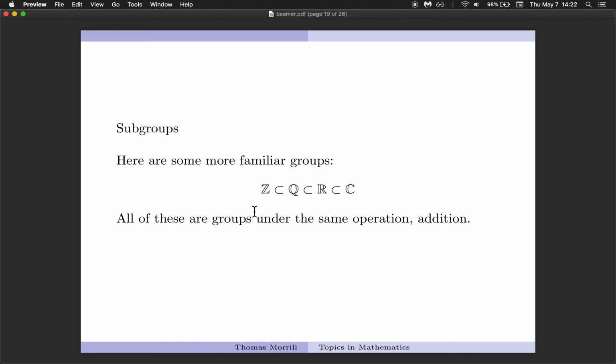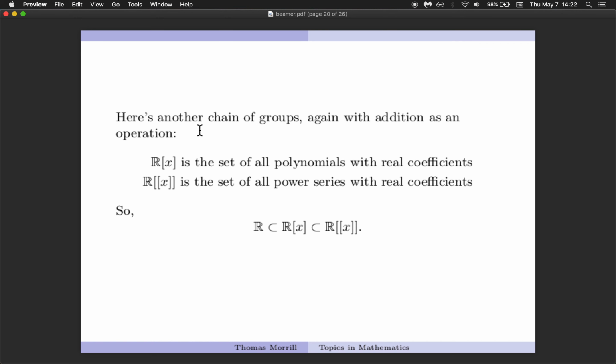So this idea of nesting subsets that are all groups, that's what it means to be a subgroup, and I'll have a formal definition on a future slide. If you want to get a little bit more weird with it, let's try not to get terribly weird. Here are some more sets.